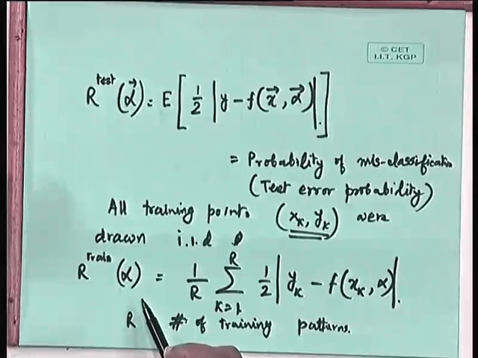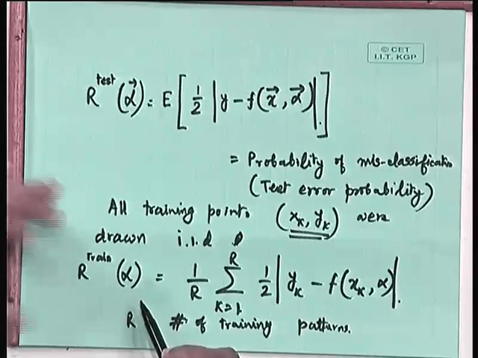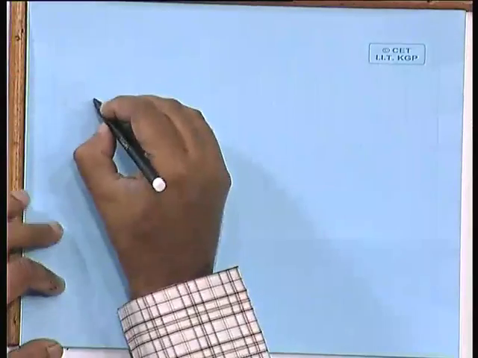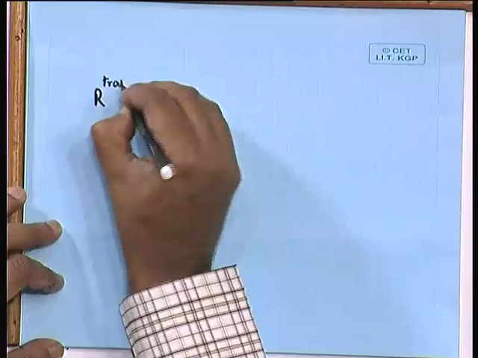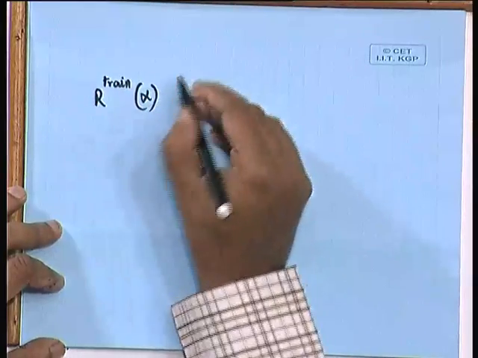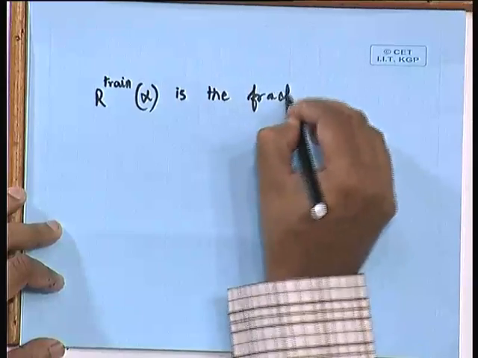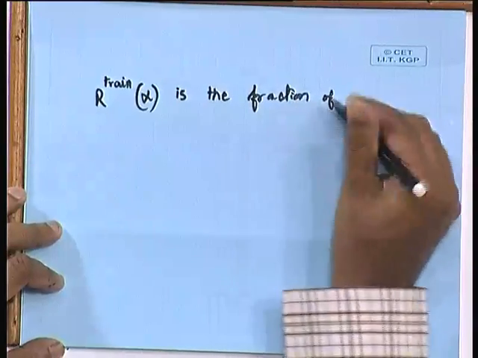So, this R train will indicate the fraction of the training set misclassified. So, I should write this as R train alpha is the fraction of training set misclassified.